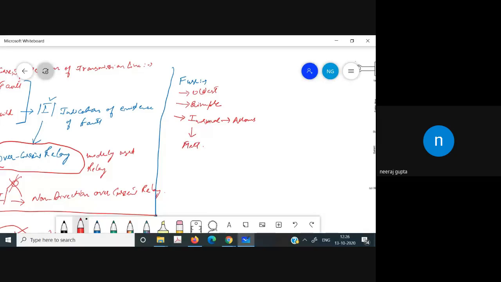That is, it allows the normal current to flow through it, but melts itself out and breaks the circuit when the current exceeds a certain magnitude for a certain amount of time.